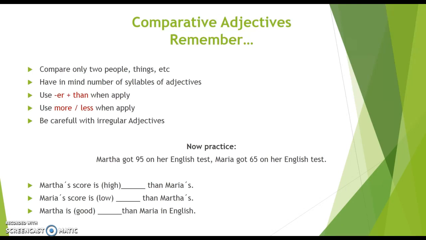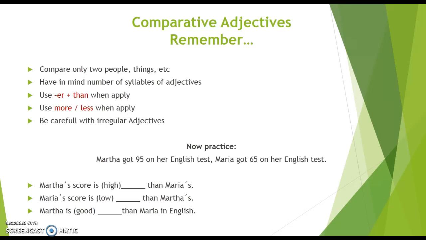Use er plus than when it applies. Remember, for small words, adjectives of 1 or 2 syllables. Use more or less when it applies. Remember, for adjectives with more than 2 syllables. And be careful with irregular adjectives, because they have their own word to make the comparative.